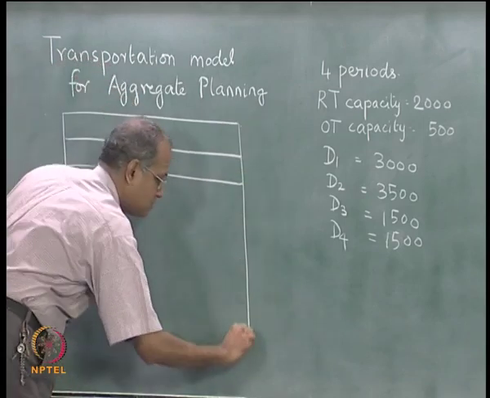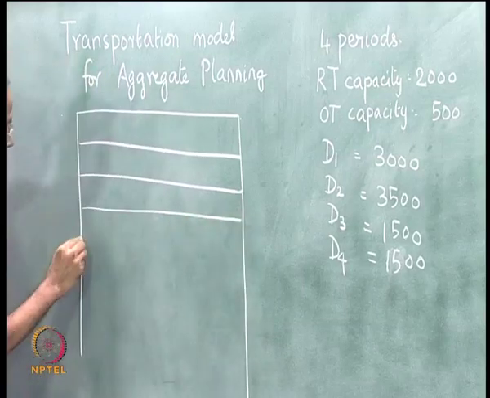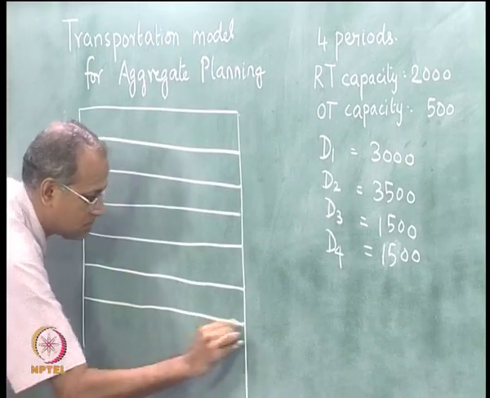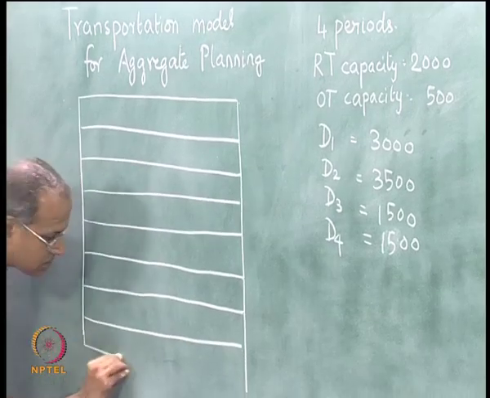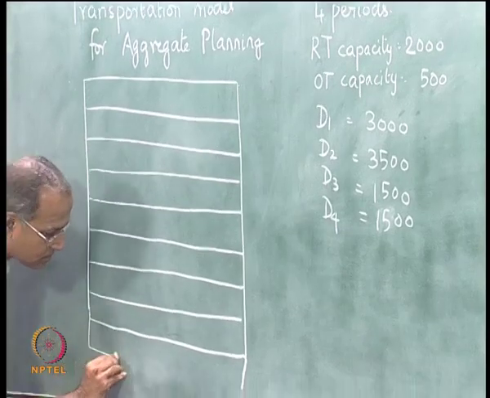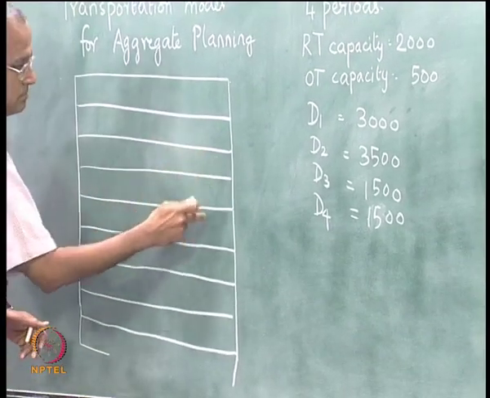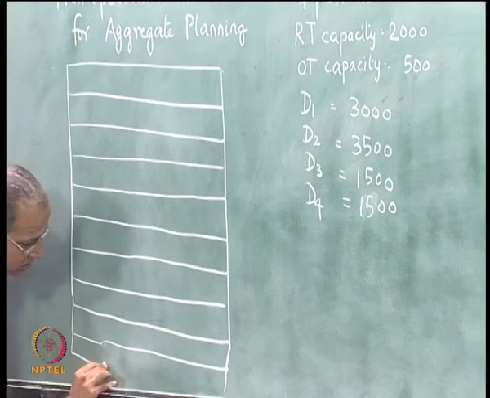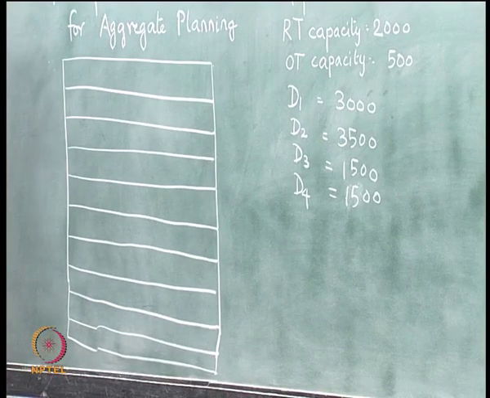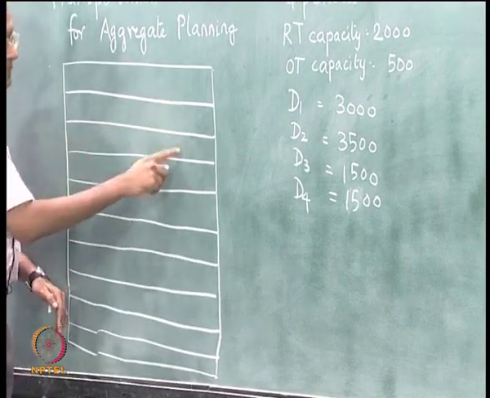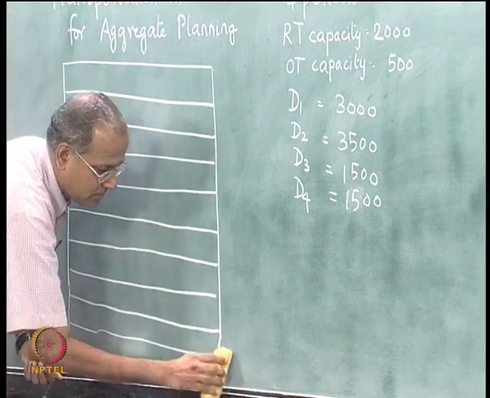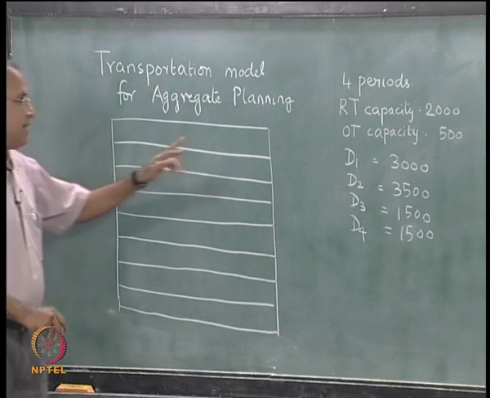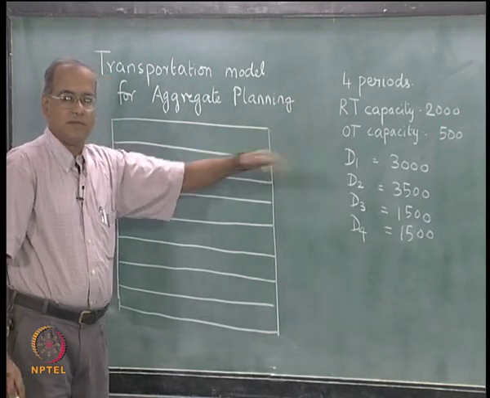So there are 4 periods, and each period has a regular time capacity and an overtime capacity which are the supplies.